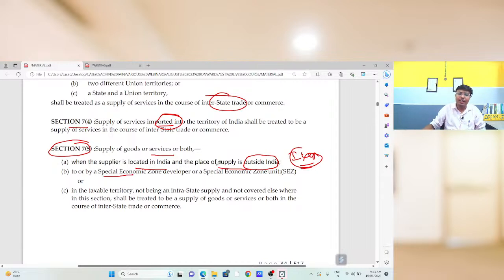Supply to or by a special economic zone developer or special economic zone unit, in that case also the same is to be treated as interstate supply. Supply in the taxable territory, not being an intrastate supply and not covered elsewhere in this section, shall be treated as supply of goods or services or both in the course of interstate trade or commerce.